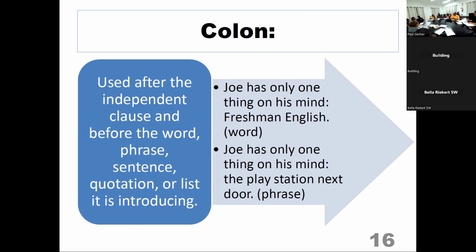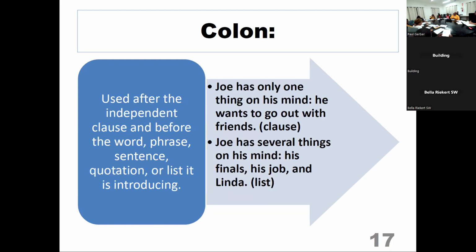Okay, that's the colon. There's some more to the colon. Okay, so colon is also used after the independent clause and before the word, phrase, sentence, quotation, or list it is introducing. So like we just covered the word, we covered the phrase, sentence.